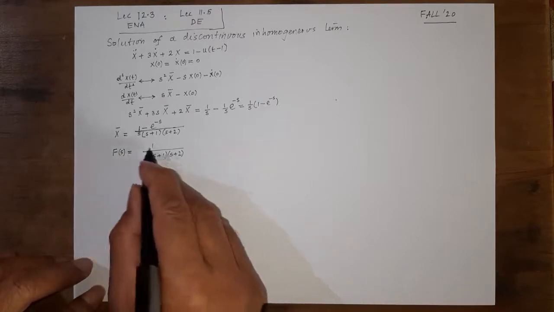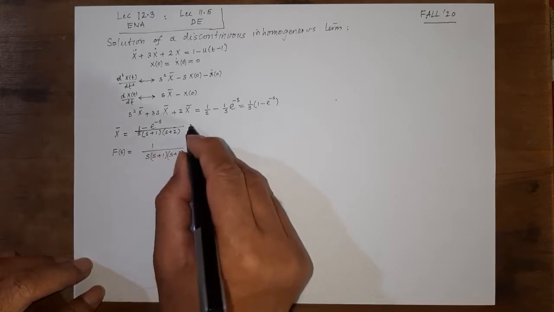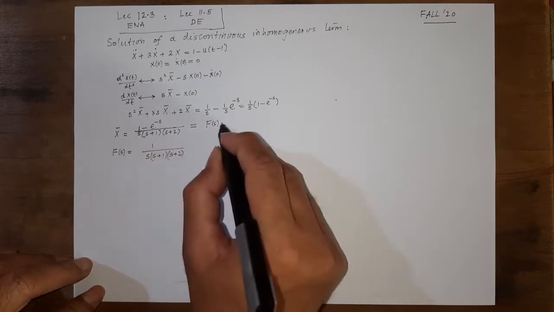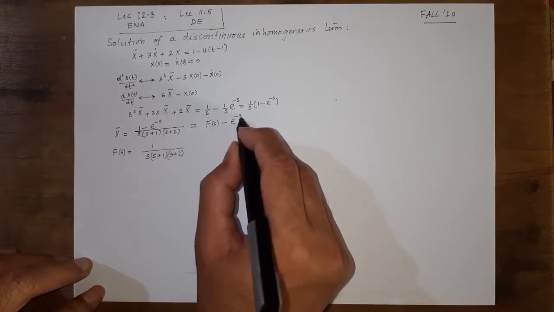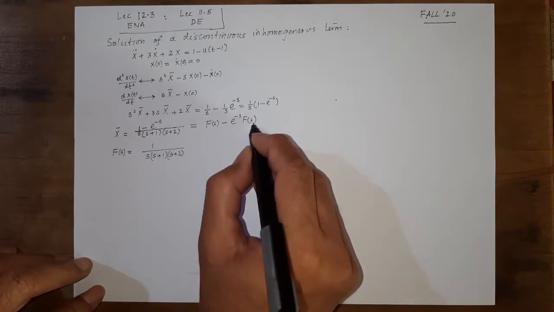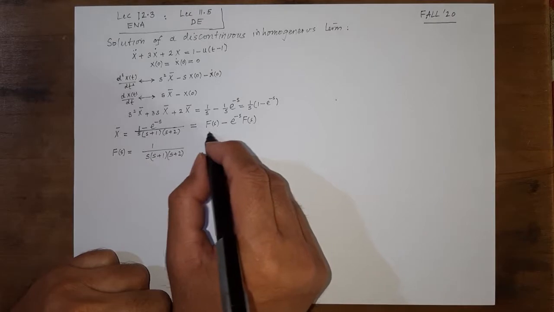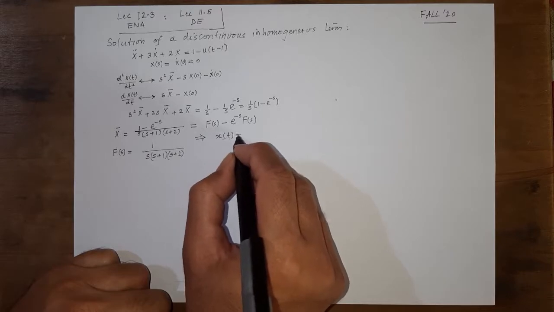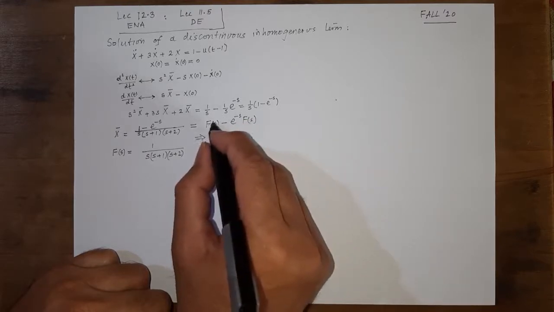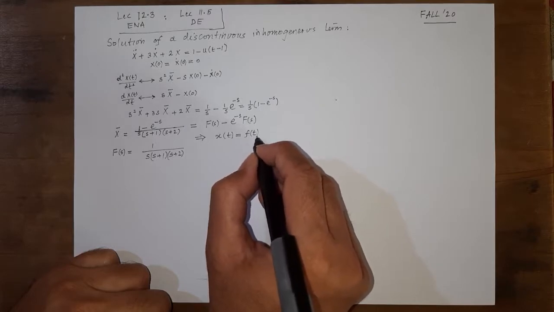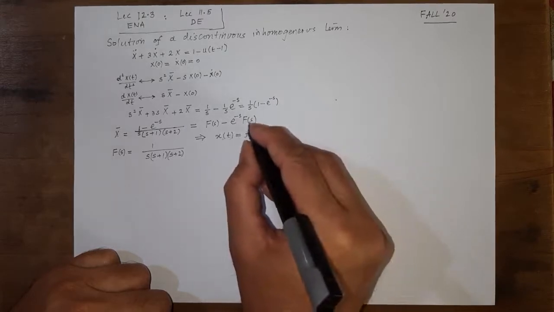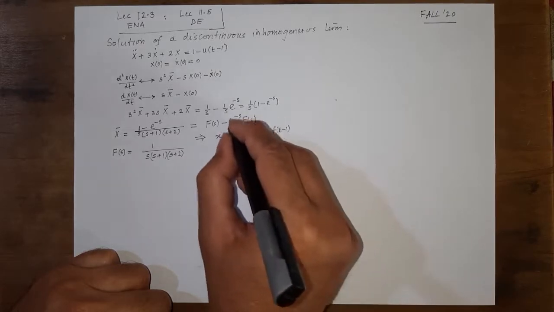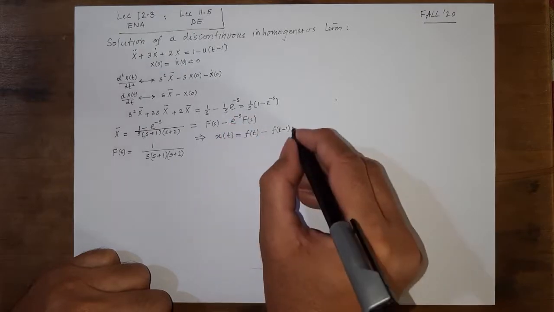So this is F of s, and if F of s is equal to this thing, we can see that X can be written as F of s minus e raised to the power minus 1 s times F of s, which clearly tells us that x of t is going to be the inverse Laplace transform of this thing, which is going to be f of t minus f of t minus 1, because a shifted f of t by 1 is going to get this Laplace transform.